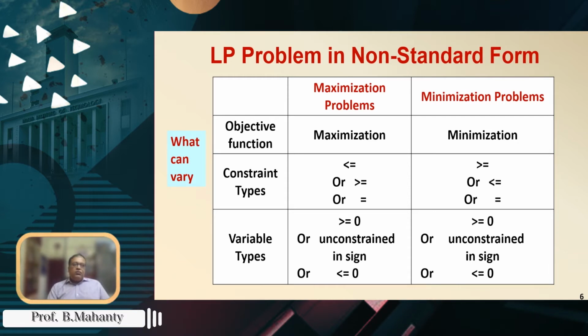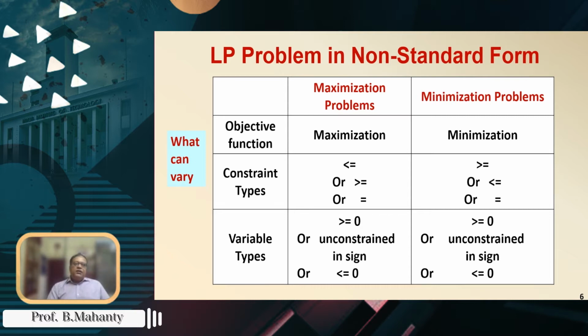So it could be negative, or even if you think that the value should be finite, then from a minus finite value to a plus finite value. This means that we do not know the range of the variable, and therefore we say that it is unconstrained in sign. All the combinations can be there in a maximization problem, and can also be there in a minimization problem.